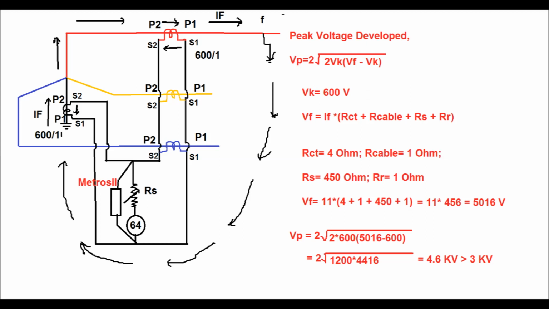Vk into Vf minus Vk, where Vk is the knee point voltage of the CT, and here Vk is 600 volt and Vf is the maximum voltage drop during maximum fault current, where Vf is equal to If into RCT plus RKL plus RS plus RR.